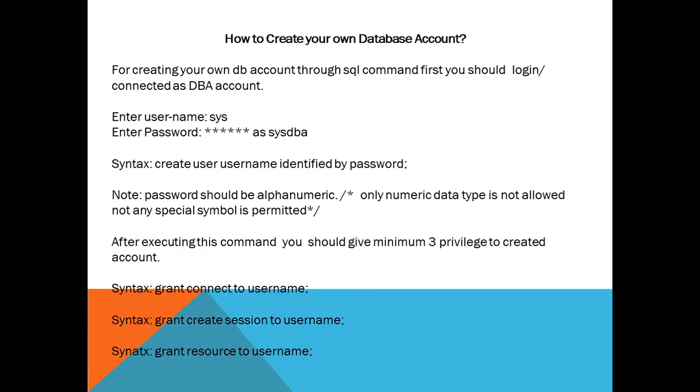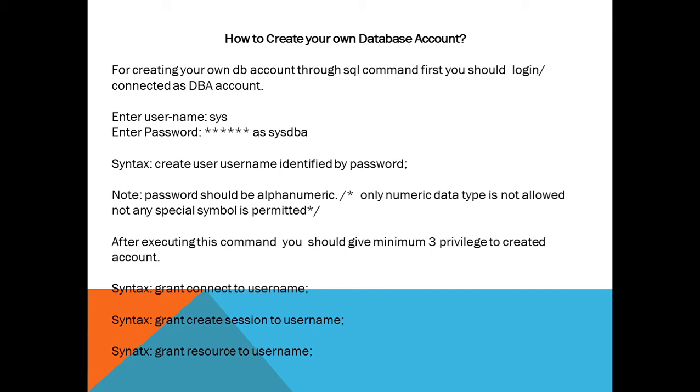Now, first, how to create your own database account. After installing your database, you have an administrative account as a DBA. We can say sys and system are DBA accounts. Before creating your user account, you should first log in or connect with your database administrator account.